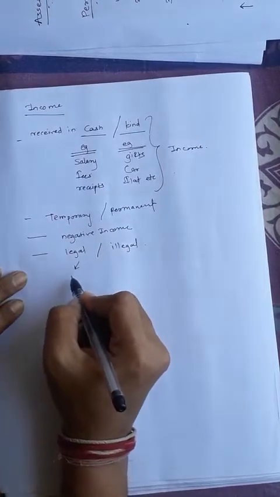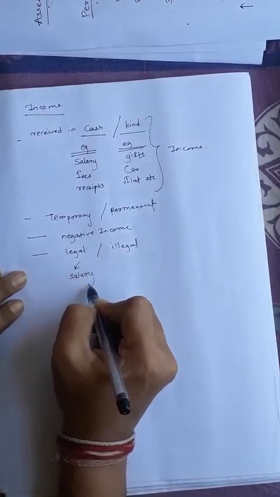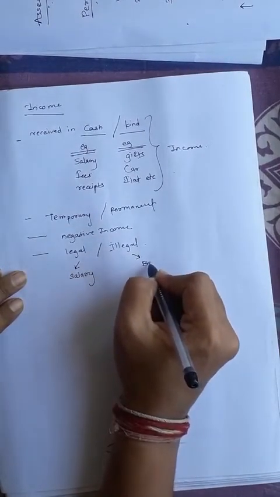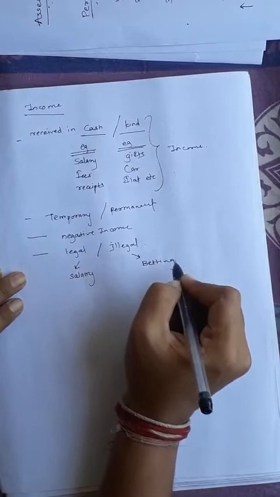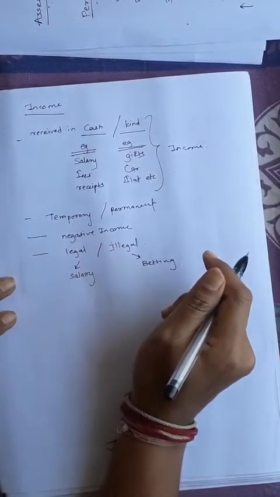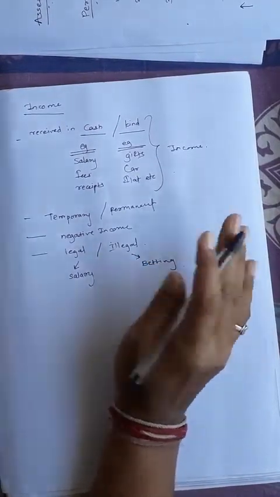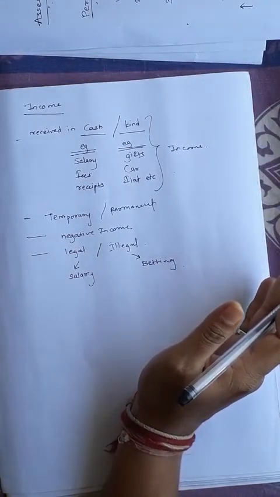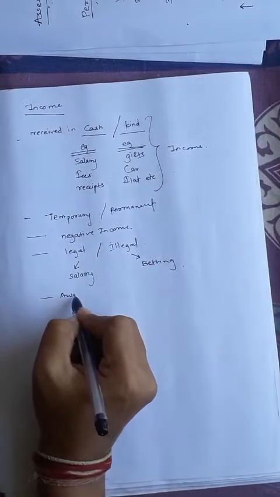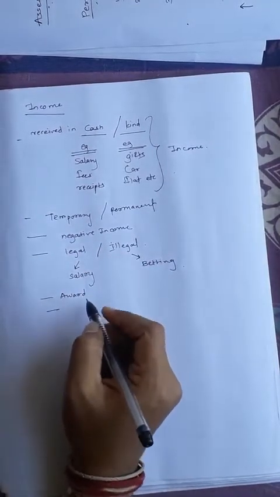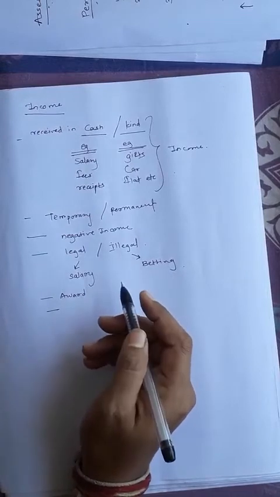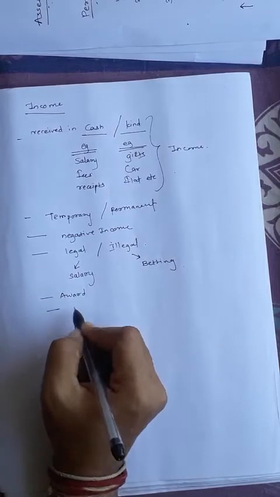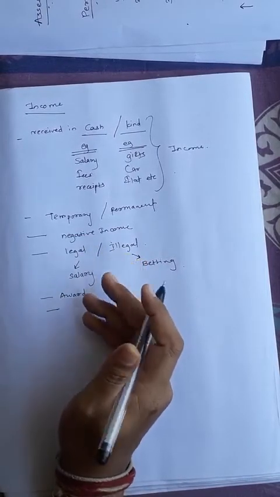That means if you receive income through salary, which is a legal source, and if you receive any income from betting or gambling, then it is illegal income. Both are going to be taxed. Same income cannot be twice taxed. Any award, or if you have income through embezzlement or any subsidy, is also going to be taxed, but there are few exemptions to this kind of incomes.